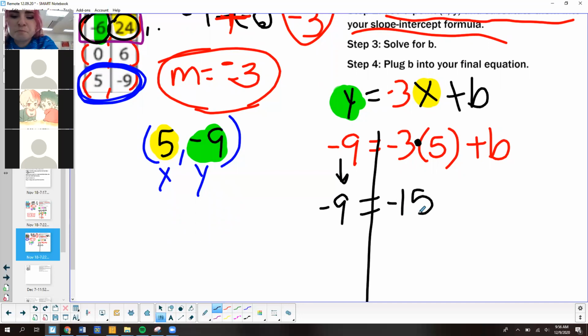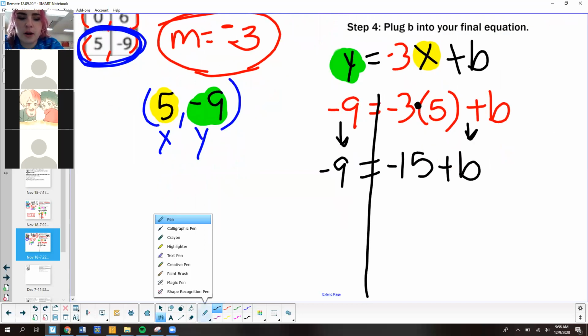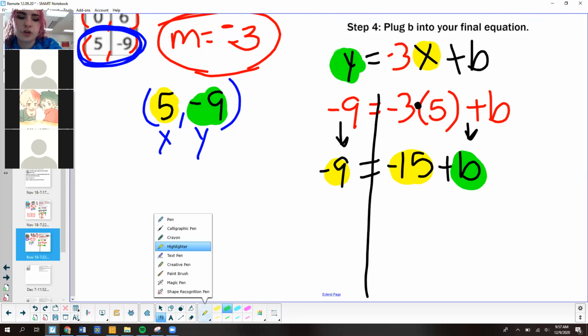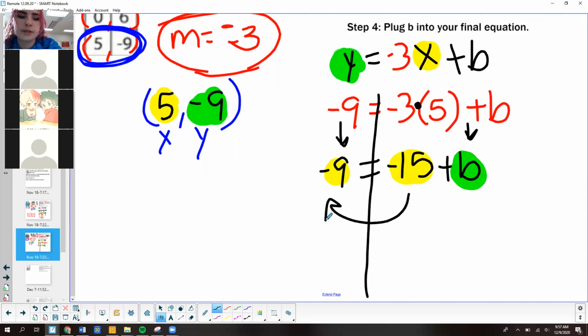Good job, Namaya. And then we're going to bring down my plus B. Now, this is where our algebra skills come in. Remember, we've got constants on either side. Constant terms are those terms that do not have a variable in them. Variable terms are the terms that have the letter, or the missing value, B in this case. So we want to make sure all of our constants get moved to one side.